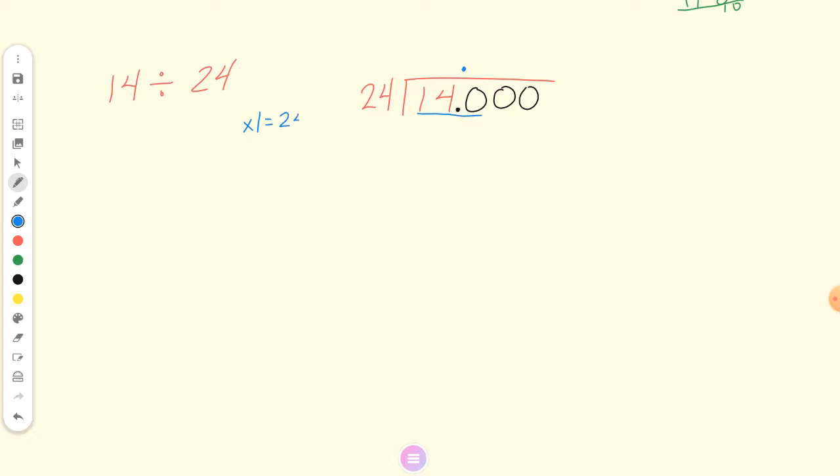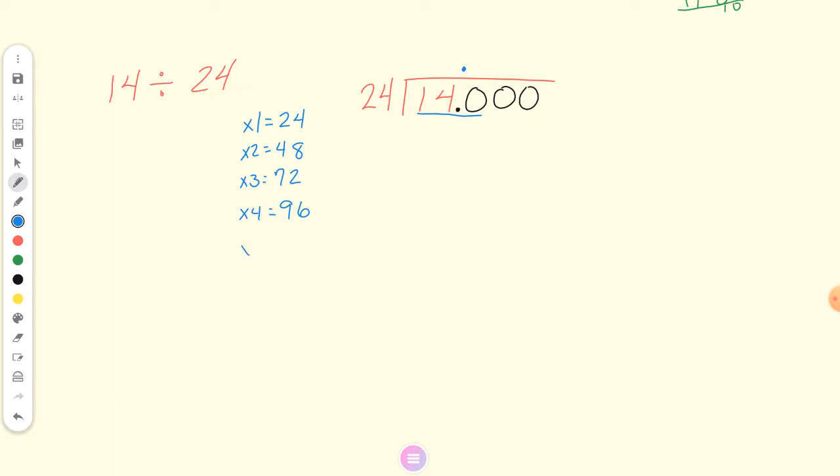Times 1 is 24, times 2, 48. You might know 3 days, how many hours it is? 72. Let me know when you get 96. We'll just get up to 140 to start.